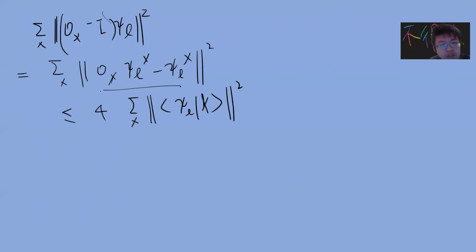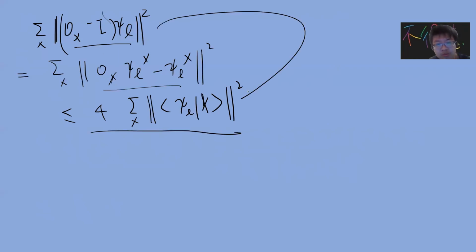Or basically, you can prove this by starting from here, without using it, just directly squaring it and then proving it. This is almost trivial, right? You can prove it's actually 4.